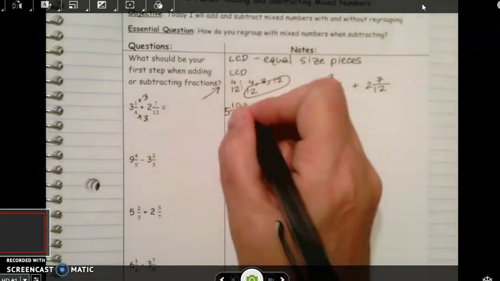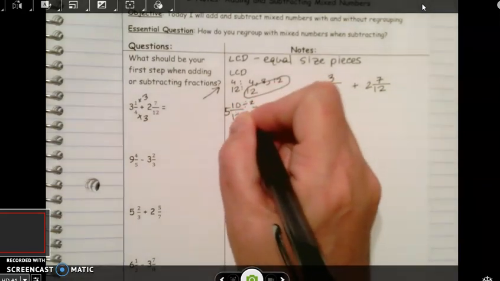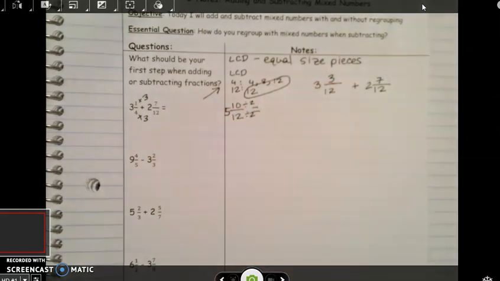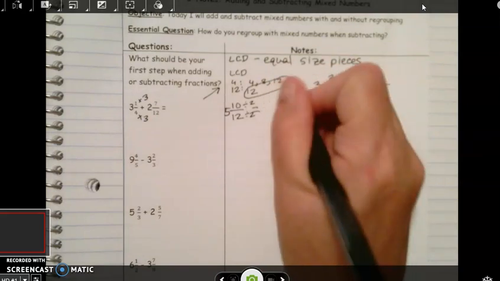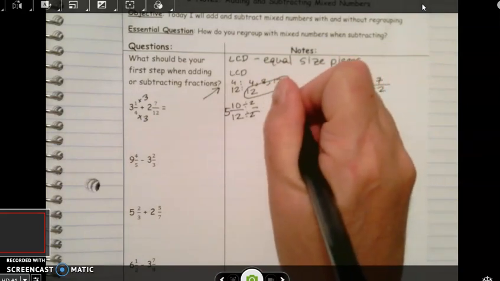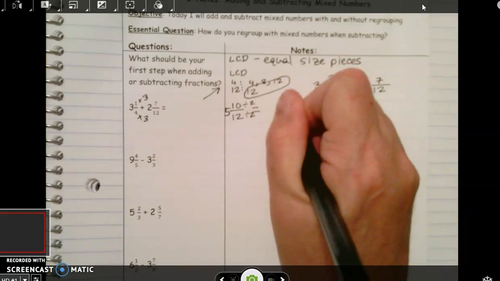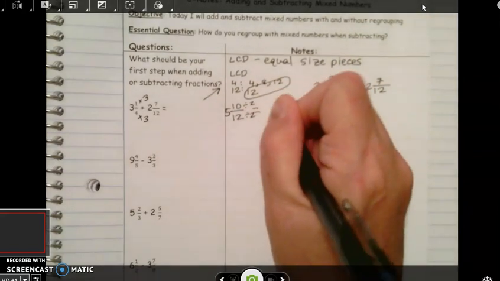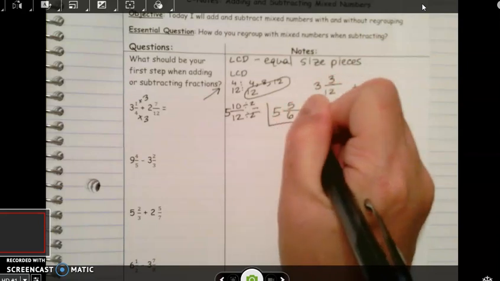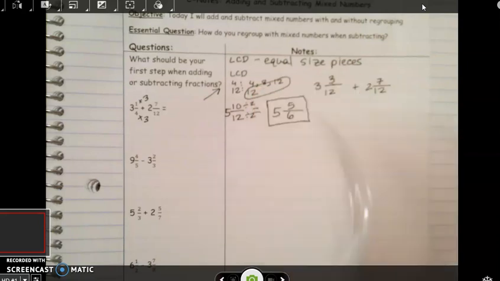So these both divide by 2. We can take half of them. If they're even, you can take half. Okay? So half of 10 is 5. Half of 12 is 6. And my whole number is still 5. Don't forget that part. And there is my final answer. That will not simplify further.